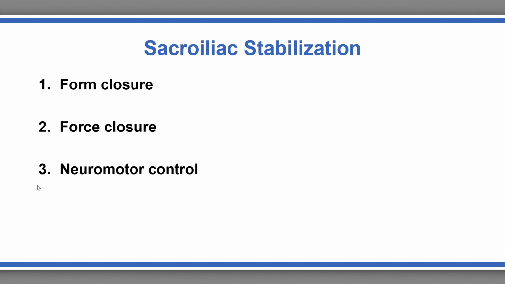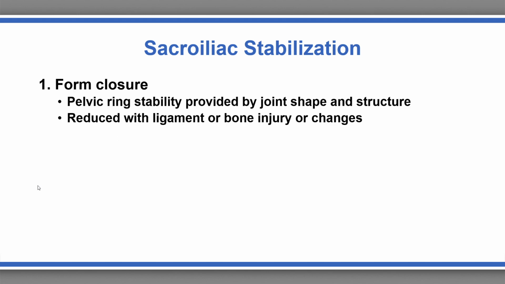Notably, the pelvis provides stability in three ways, and they are listed here: through form closure, force closure, and neuromotor control. Let's take a look at each of these in a little bit more detail.